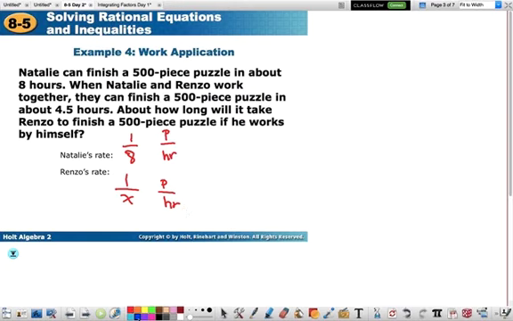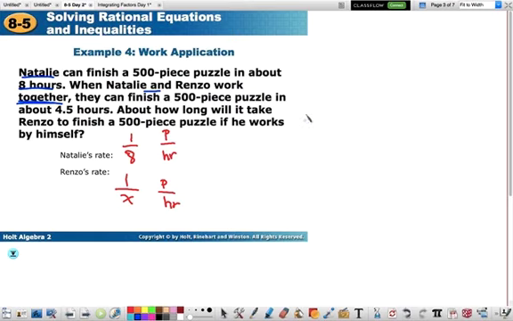Let's start filling in things that we know. We have their rate, so we took care of that. We took care of Renzo's. Oh, now they're talking about working together. If they work together, how long does it take them to complete one puzzle together? 4.5 hours. So, would you agree that if I add their rate, plus their rate, that would equal one puzzle divided by 4.5?